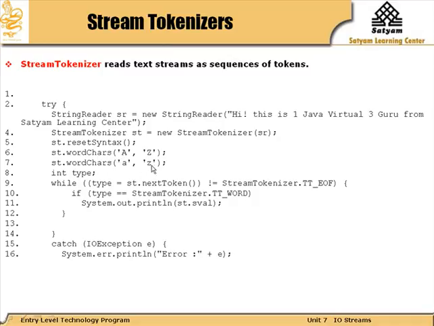At line 9, I am repeatedly calling the method nextToken and checking if the token returned is not EOF. However, if the token returned is equal to TT_WORD, I am printing the sval. This prints you the words.